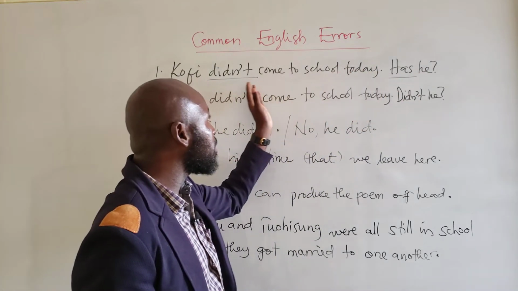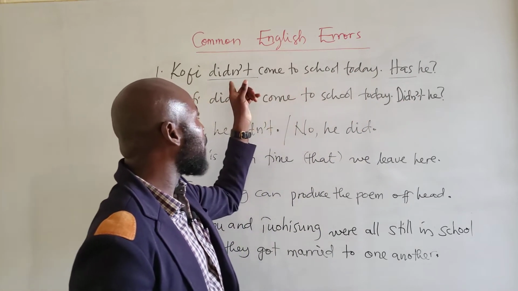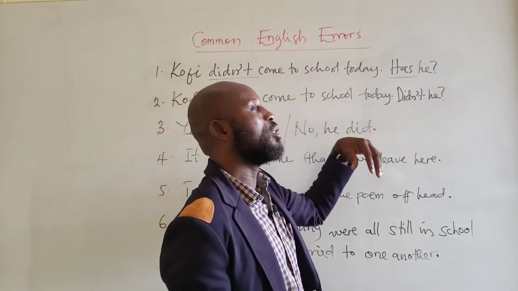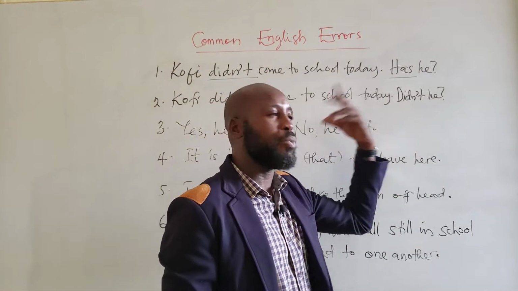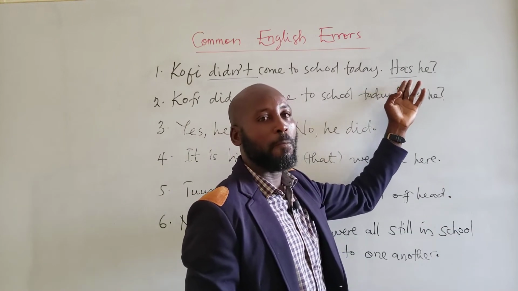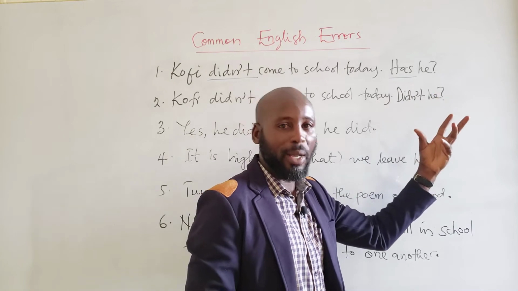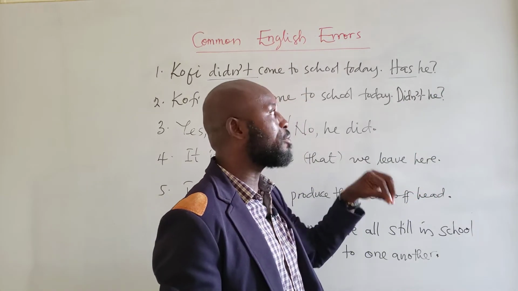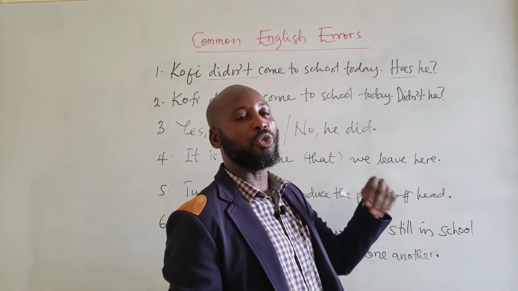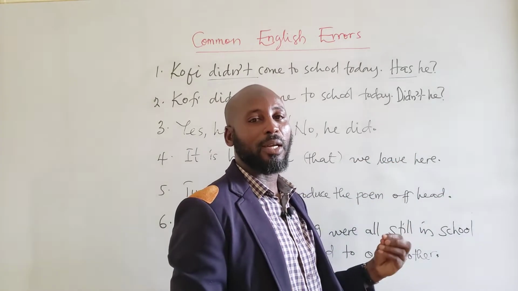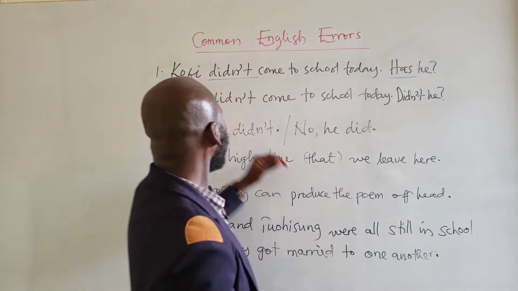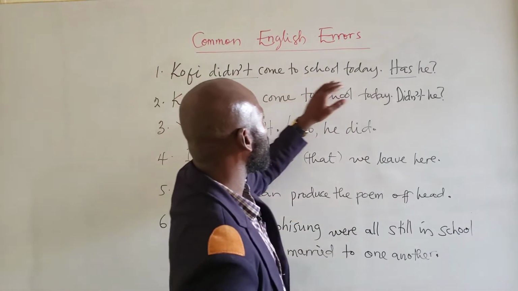And then there are others that could even come without a particular primary or modal auxiliary and would demand that you use certain principles to come up with the verb to use here. We shall come to that because those ones are technical. We shall delve deeper into them when we treat question and answer tags in more detail than I am doing here. So Kofi didn't come to school today.